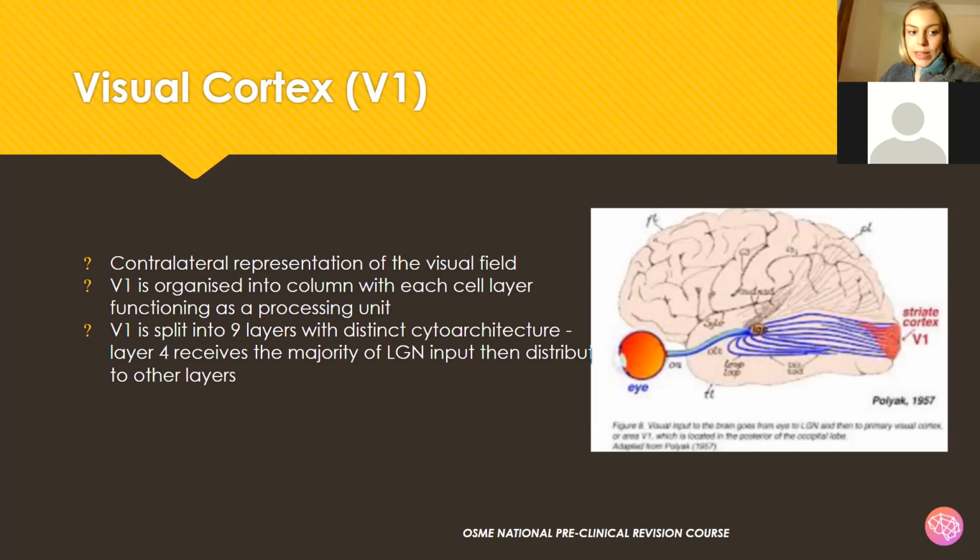So within layer 4 we have sort of like a checkerboard receiving from the left and right LGN. So layer 4 kind of receives everything, processes it, and then provides this information to the other layers for interpretation there.